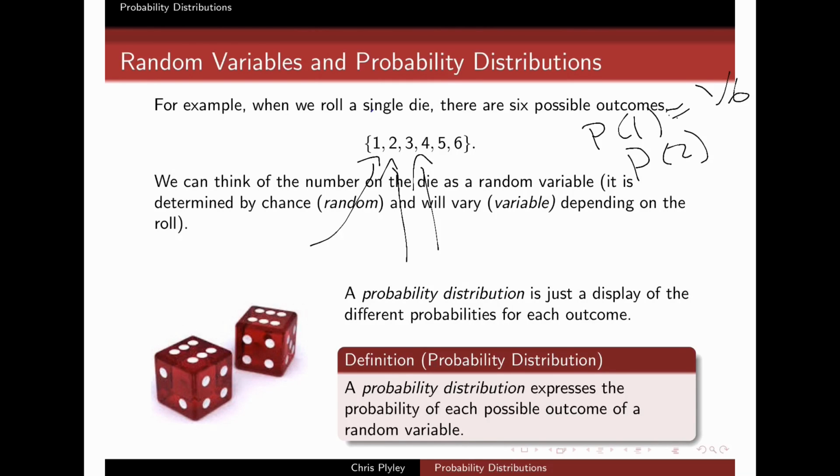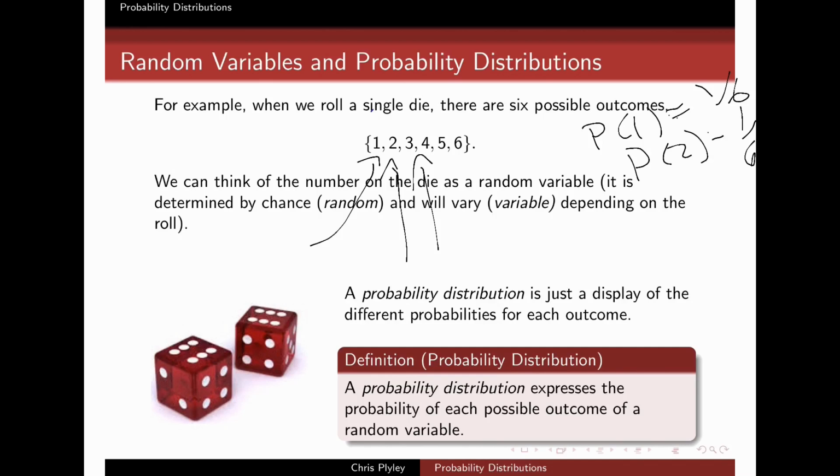The probability of me rolling a 1 is just 1 out of 6. The probability of me rolling a 2 also happens to be 1 out of 6. And so the association of these values of a random variable, i.e. the outcomes, to their probabilities is what we call a probability distribution.